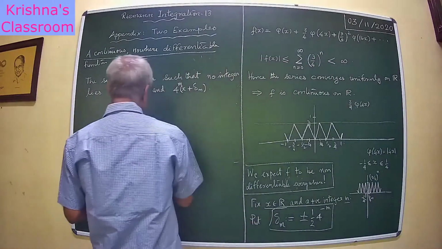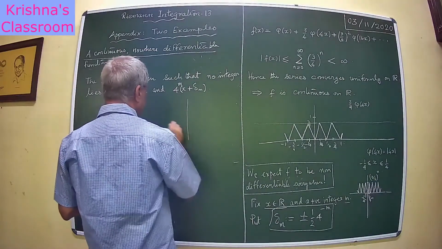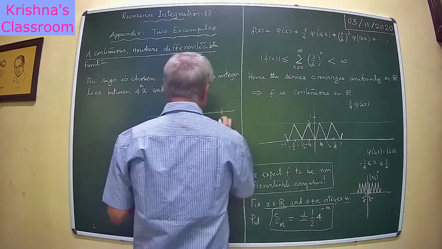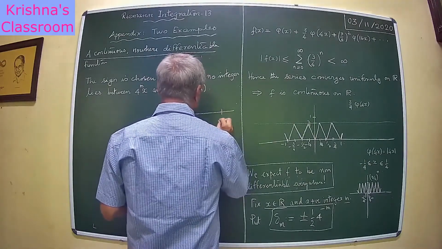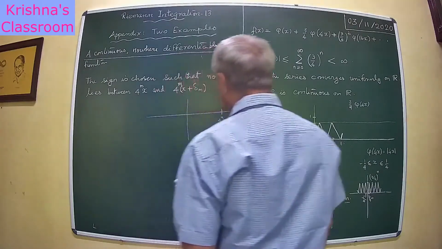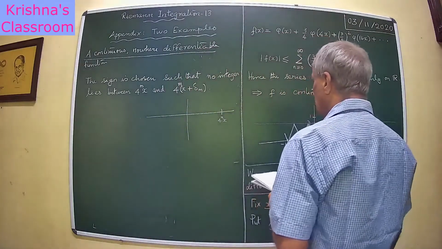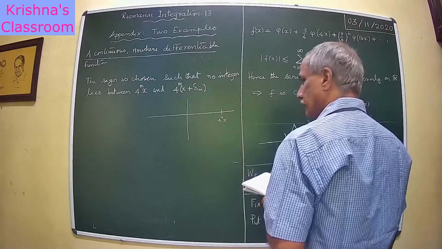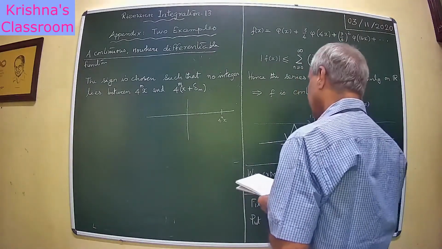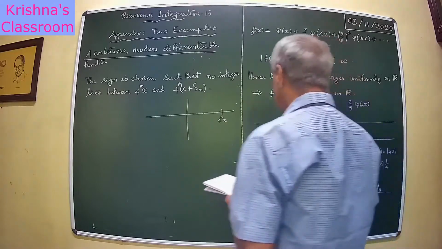So see, x is chosen, therefore this is also fixed. Let this be some 4 to the power m x. Okay, now we want to choose a positive sign or a negative sign here for delta m, depending on the following factor.